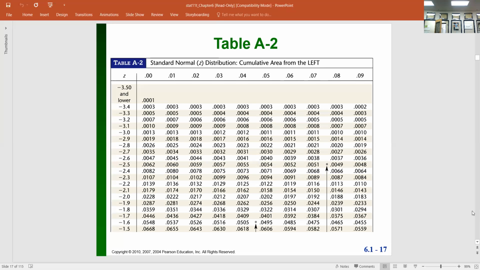So if we then subtract that from the mean, 63.6 minus 5.8, we get 57.8.